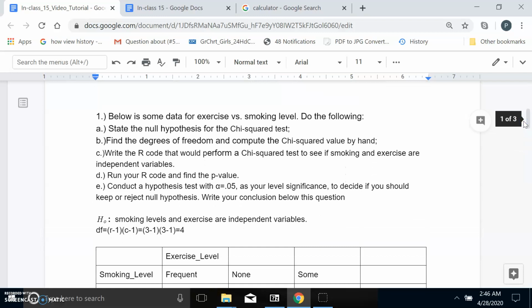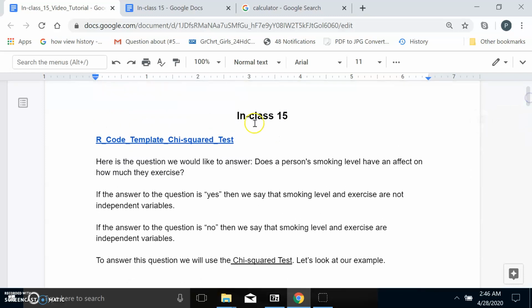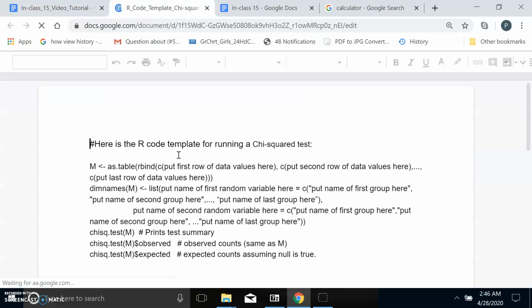So we're done with part B. Part C now says write the R code. To do that, we're going to take our template up here, paste it at the bottom and make some changes to it.